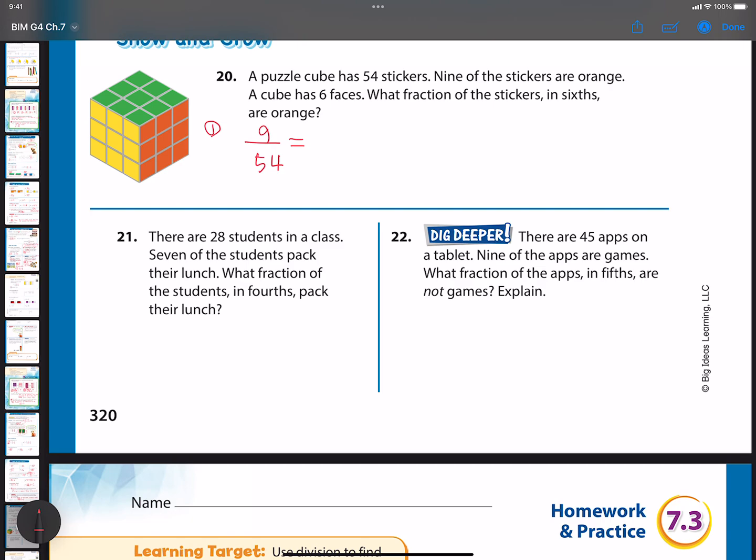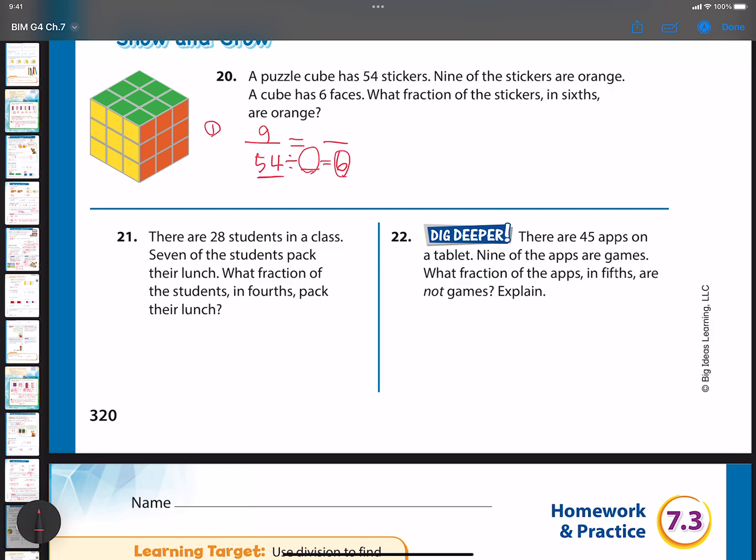That means what? It has to be 6, right? Because they want to divide. They want to talk about. Okay, total pieces are what? 6. Not 54. That means we gotta find out 54 divided by what is gonna make 6, which means one number times 6 is gonna make 54.